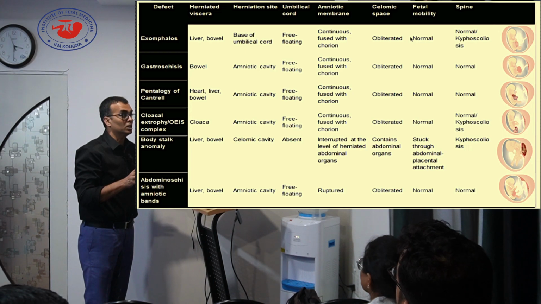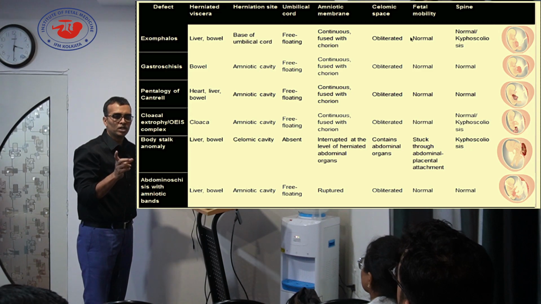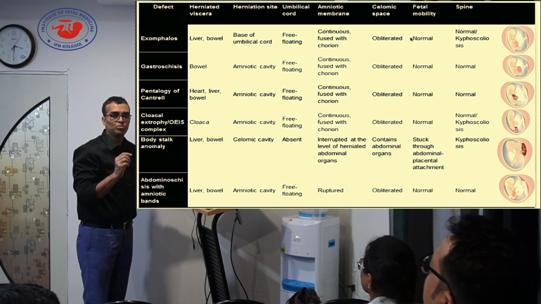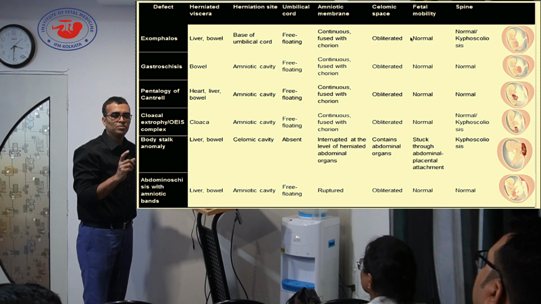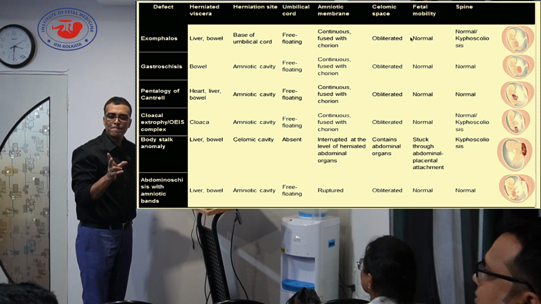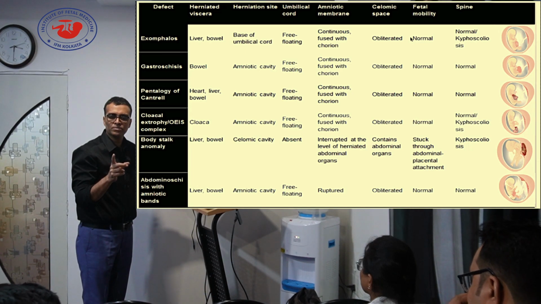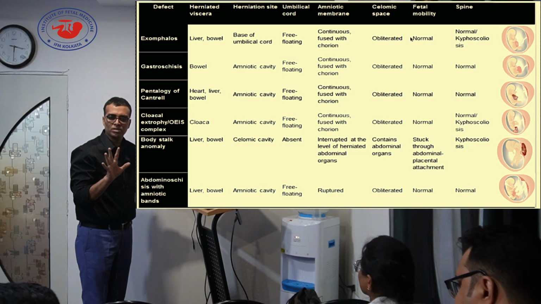And the other factors which were very unusual were genu recurvatum and scalp lesions. Genu recurvatum was there, scalp lesion was there, and herniation. So these three only were there.